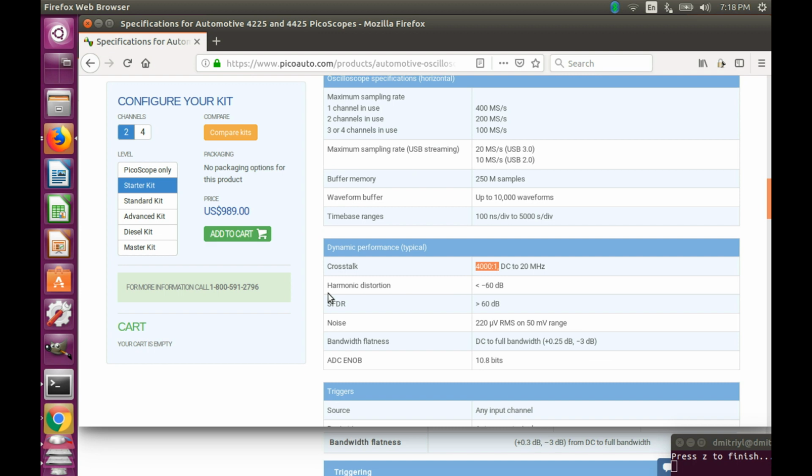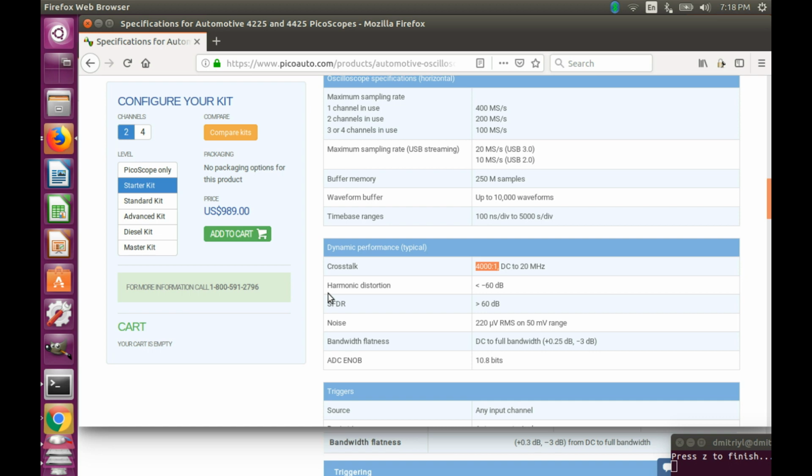Harmonic distortion is a specific type of distortion where you're measuring, let's say, a sine wave, but on the waveform you also see other sine waves with the frequencies that are several times higher than the original sine wave.